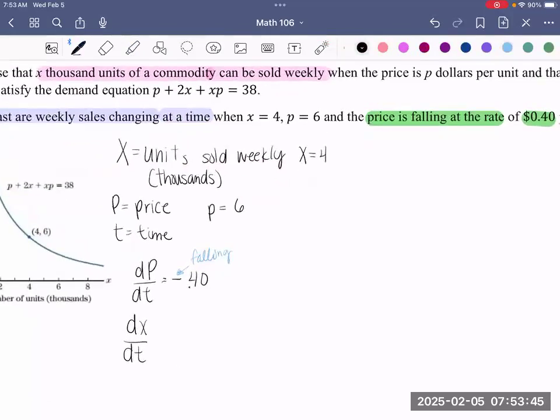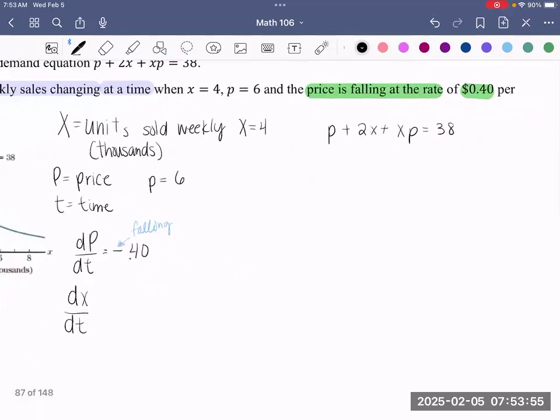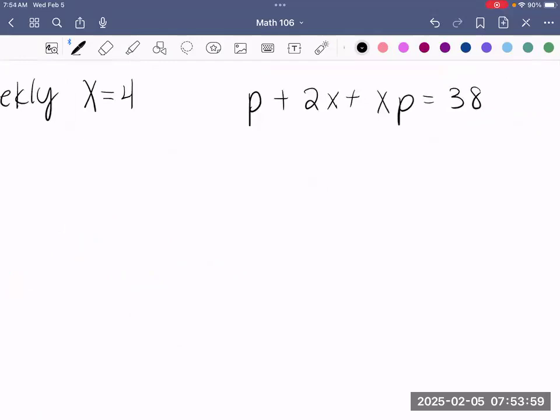So let's take your function here, p plus 2x plus xp is equal to 38. So let's go ahead and see if you can derive. So deriving each term slowly, deriving p, it should just be 1, but what do we get to add to it?